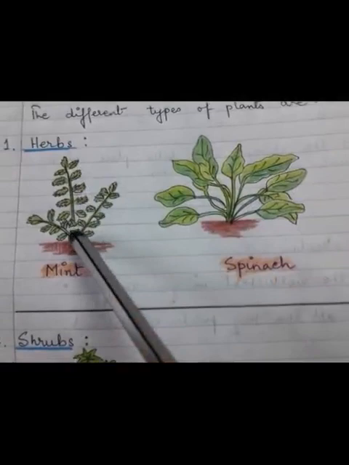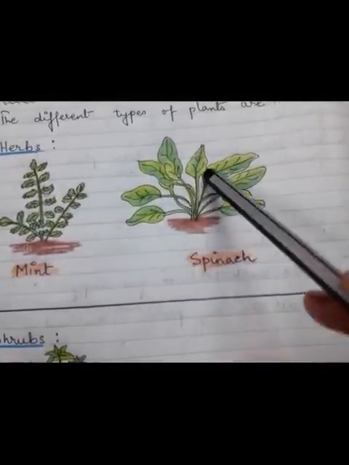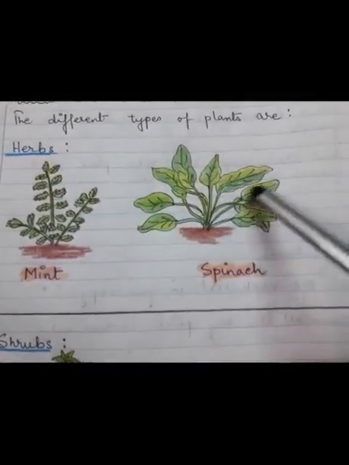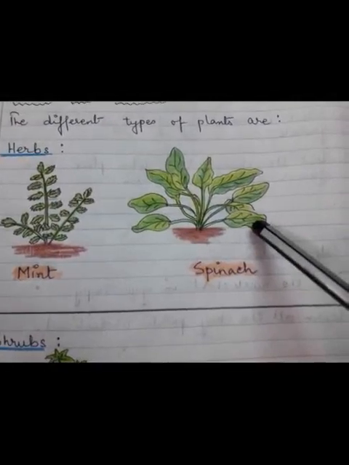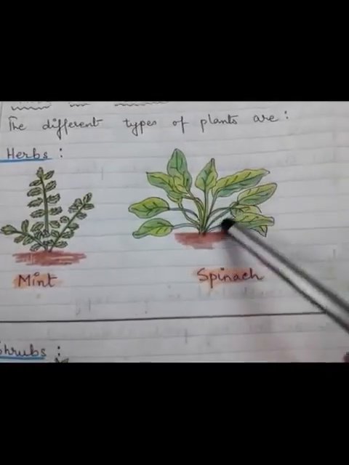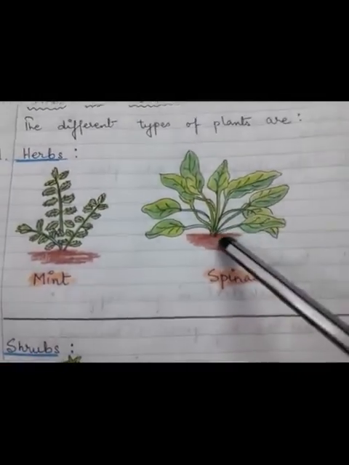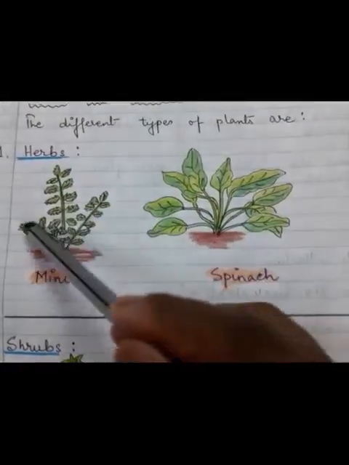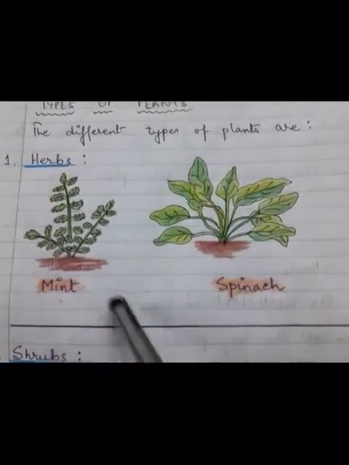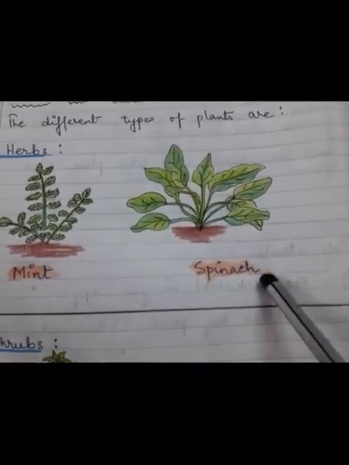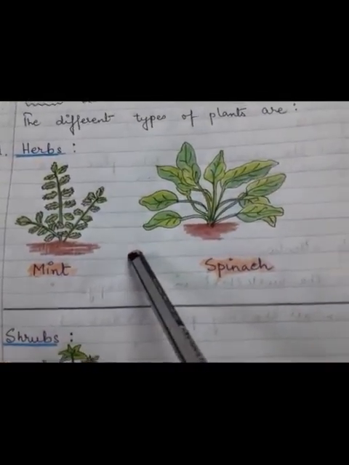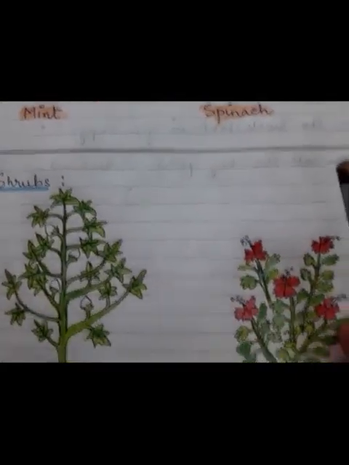Woody means it's made of wood, so non-woody means it's not. The stem of the plant is not very hard. It is very soft. They have only a single stem, and they are very small in size. So these are herbs. For example, mint plant and spinach plant are examples of herbs. Clear? Now we'll come to the second type, that is shrubs.